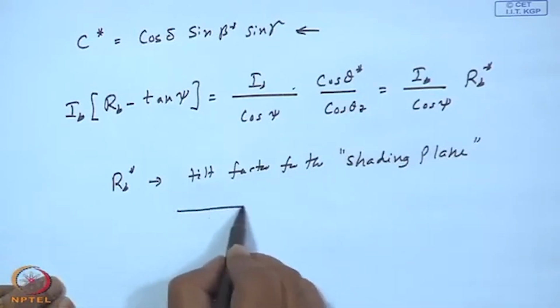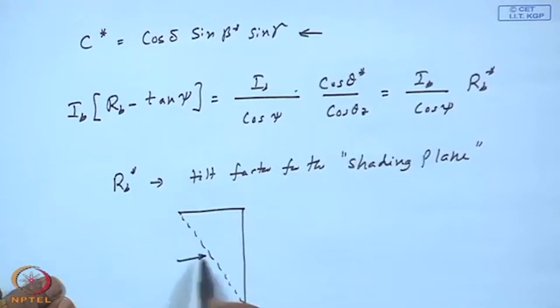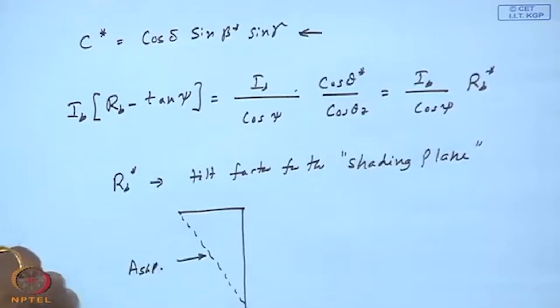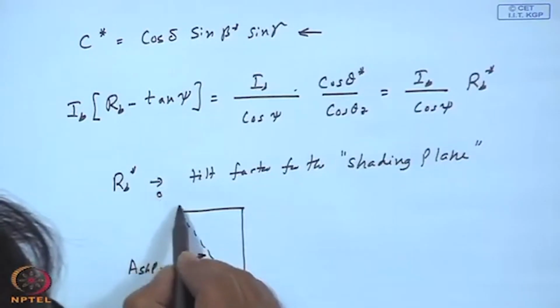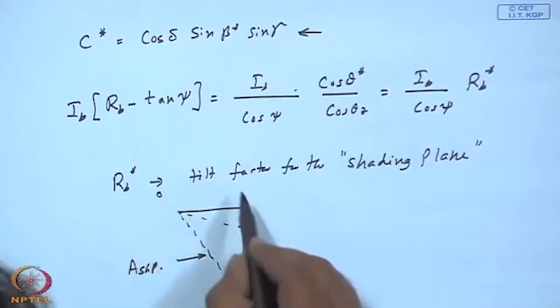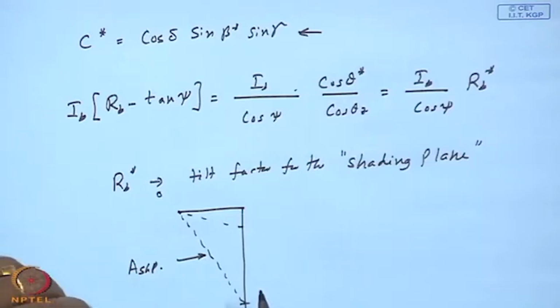If this is the overhang, this is the window, this will be the ASHP, the so-called shading plane, right. It is not the sun's ray casting a shadow; just draw the tip of the projection to the base of the window, and you will get the shading plane.